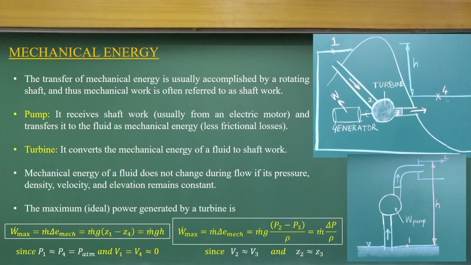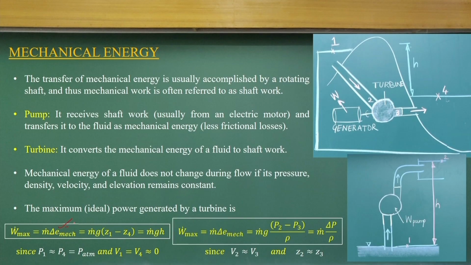This mechanical energy, if I multiply it by the mass flow rate, gives me the work done, or how much power we are getting. The maximum ideal power generated by a turbine will be m dot times the energy term, the mass flux part, which is work per unit time, the power.